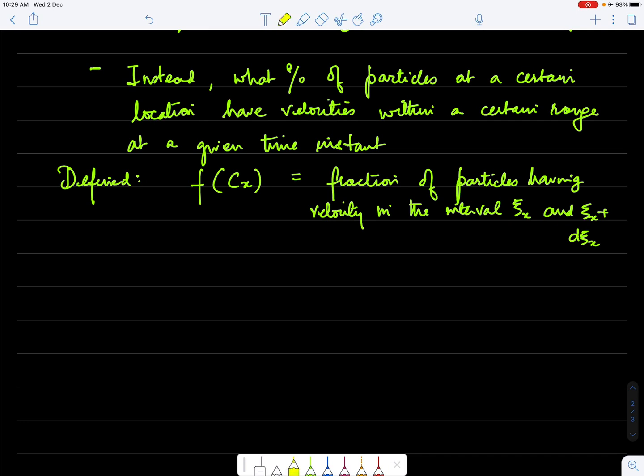Now then comes Boltzmann. Boltzmann actually took this idea further in 1872.